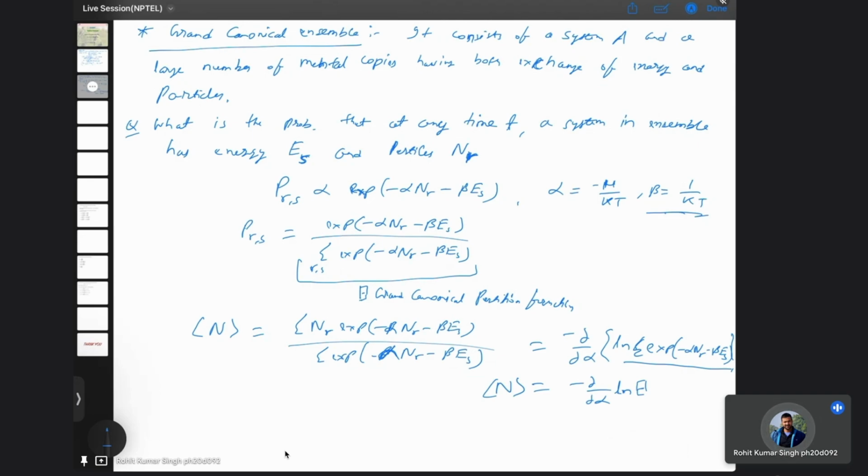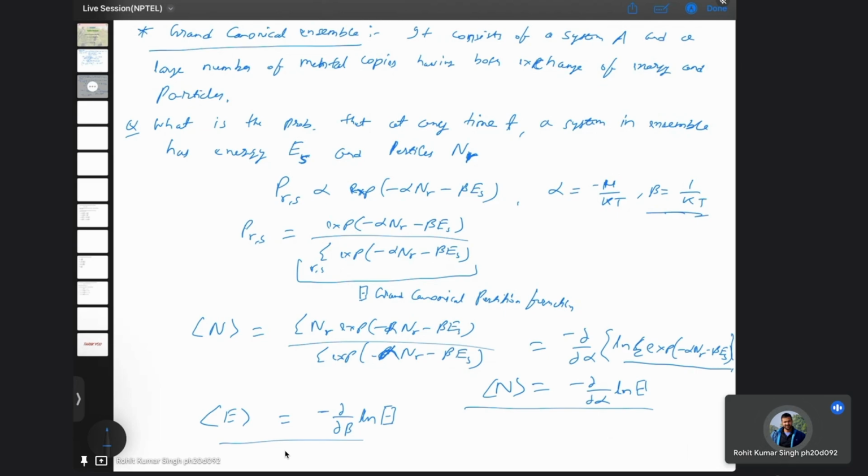And similarly, you can write the expression for the average energy, which will be the derivative of this log of the grand canonical partition function with respect to beta. Once you have the partition function, you can calculate the average number of particles, average energy, and also other thermodynamic quantities like entropy and pressure and various other things.